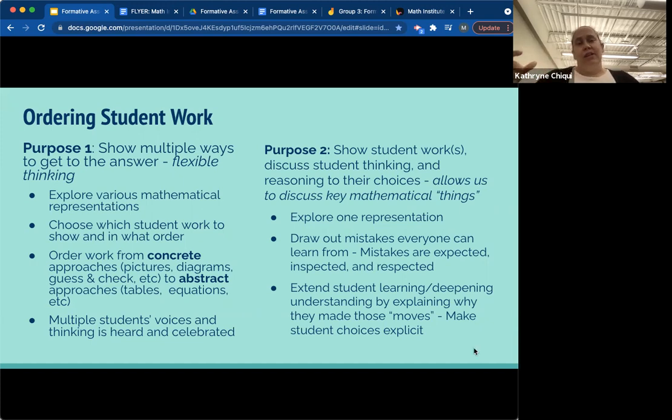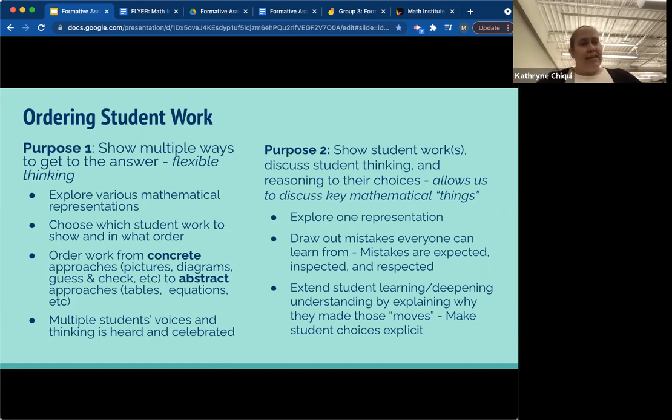And you can strategically build upon those models to move from concrete approaches that use pictures and diagrams all the way to abstract, where they're using maybe tables and equations, and it allows you to show that arc. This is a method that allows you to put multiple student voices into the space to discuss and to celebrate the different approaches that students are using.